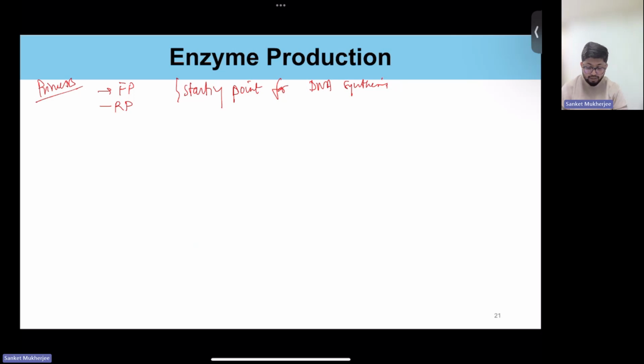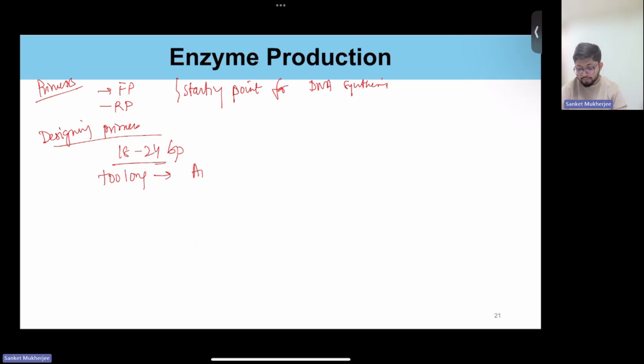Then we go for designing the primers. How do we design primers? The ideal primer length should be between 18 to 24 base pairs. If it is too long, then there is a problem with the annealing step, because annealing is based on the melting temperature of the primer.